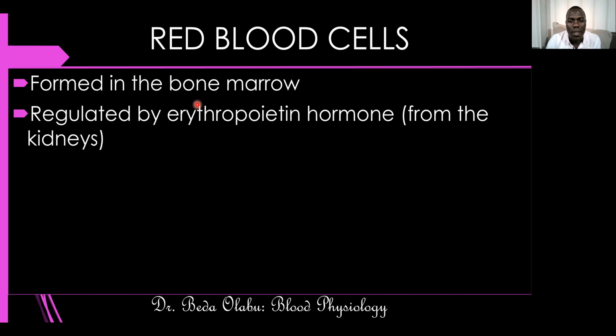This is the reason why our athletes will prefer to practice in highlands, because we know that highlands have low oxygen tension. So when you have that increased need for oxygen, the kidney is stimulated to produce erythropoietin.